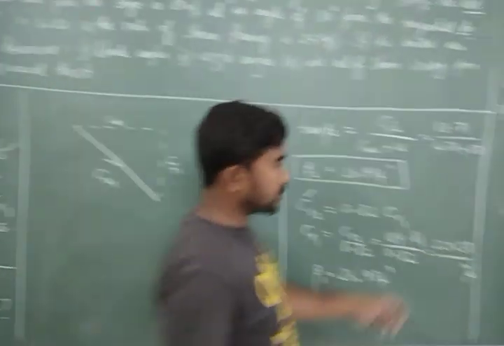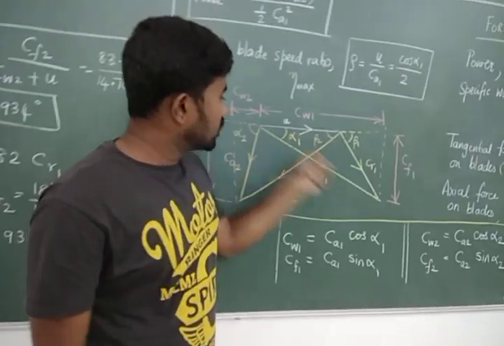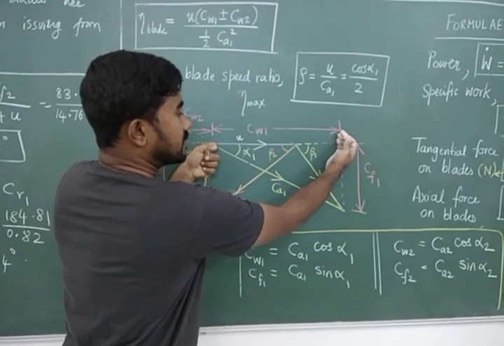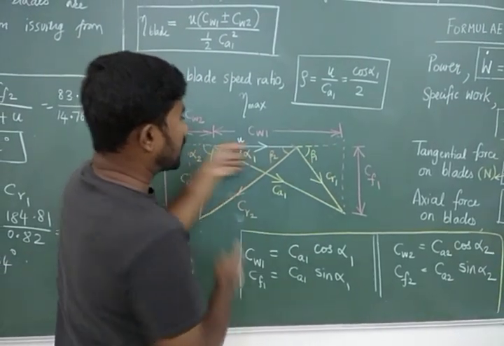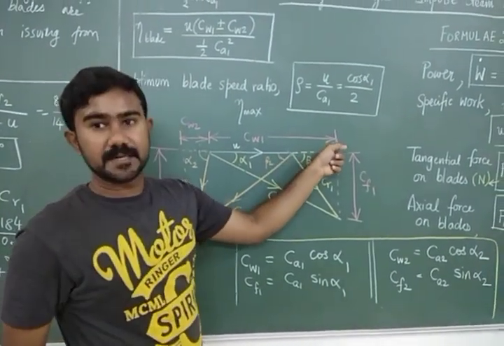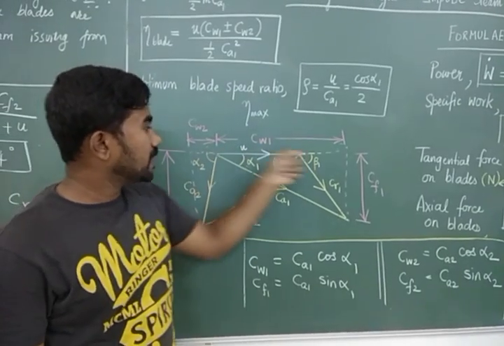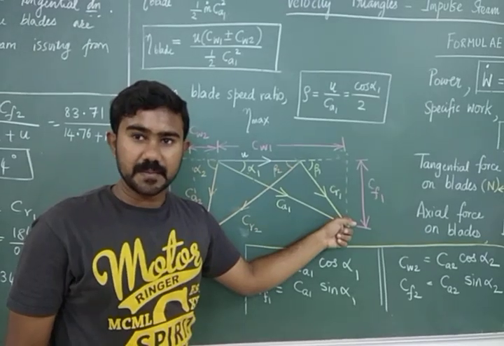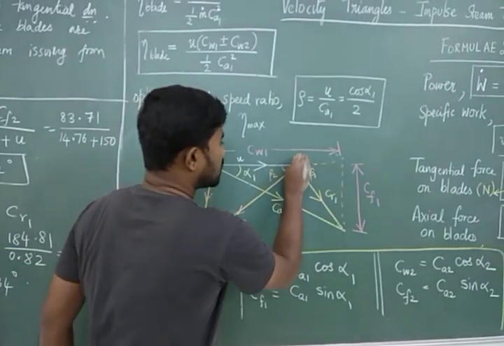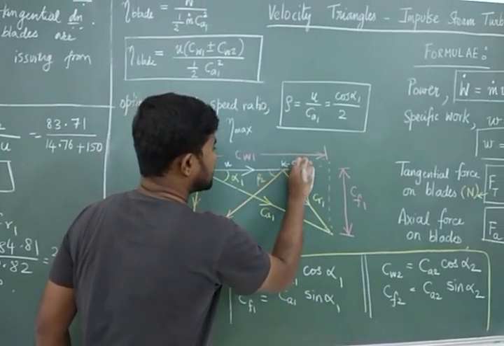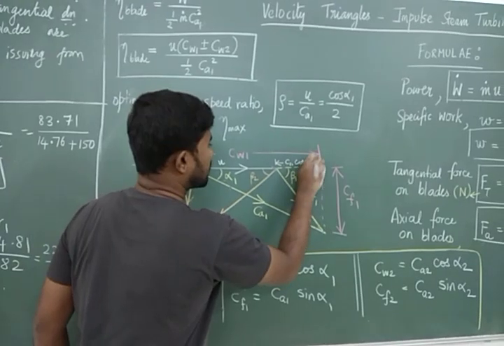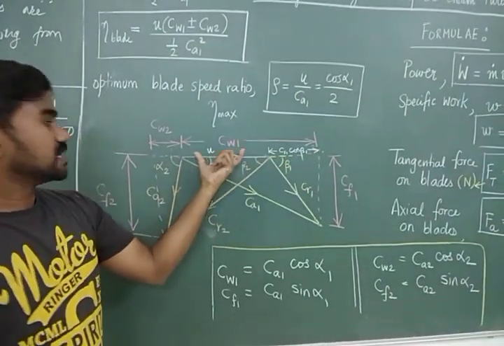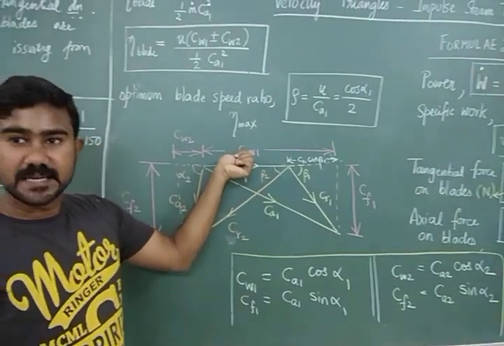Now if you come with me to the figure, this yellow line is CA1. Its horizontal component is this whole thing, which is made of a white part plus a pink part. The white part is U and the pink part is the horizontal component of CR1. Are you there? So the horizontal component of CR1 is CR1 cos beta 1. Are you with me? So this plus U will give me CW1.